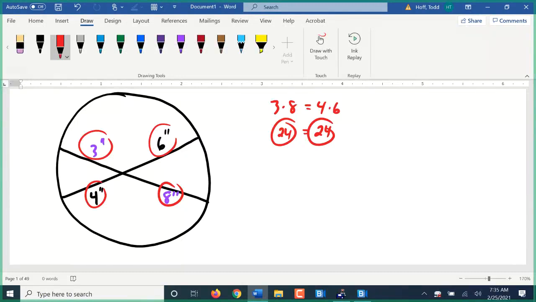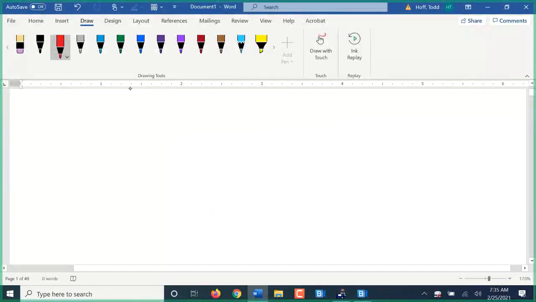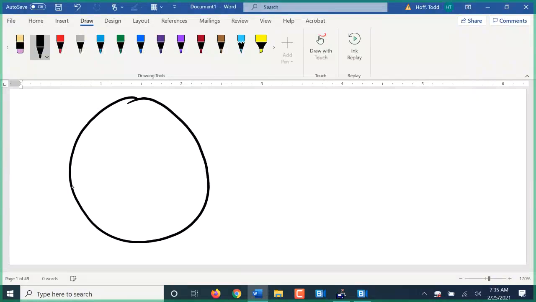But there's another thing that we can use those intersecting chords for. If they intersected at the center of the circle, pretend that looks like the center of the circle.